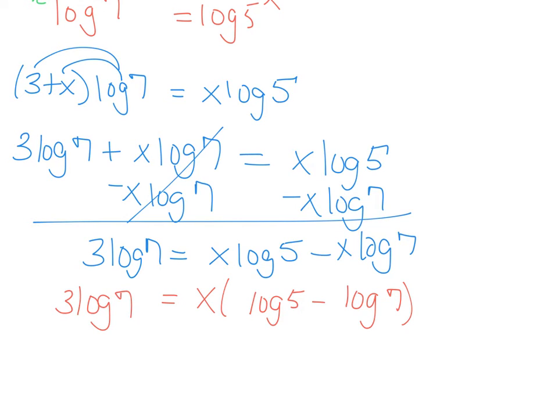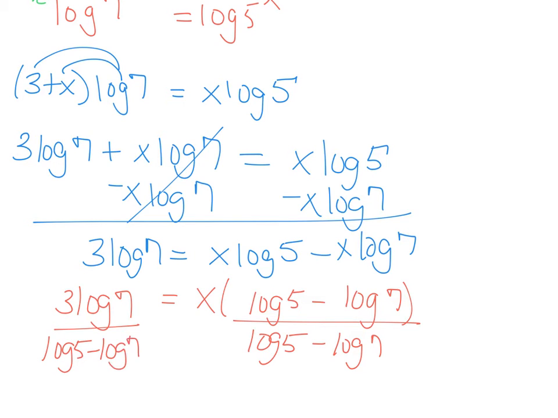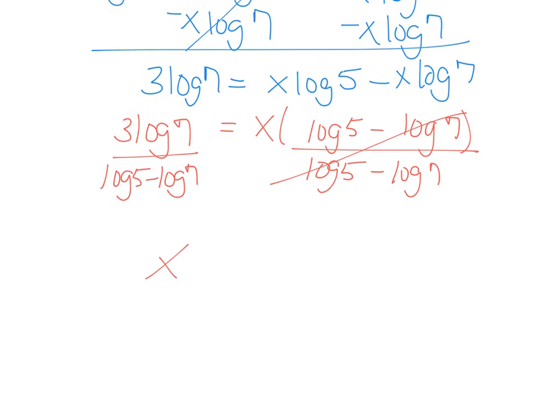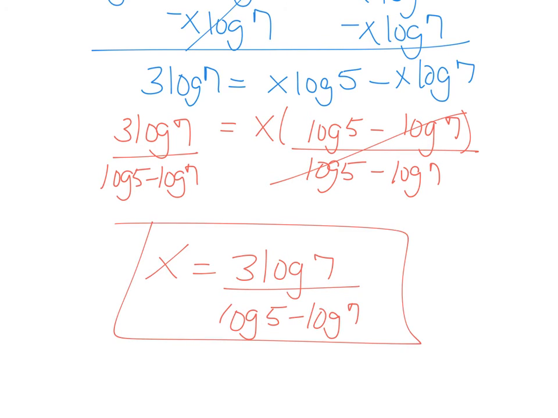To get x alone at this point, just divide by log 5 minus log 7. And that's what x equals. X equals 3 log 7 over log 5 minus log 7. You cannot reduce anything because of the subtraction on the bottom.